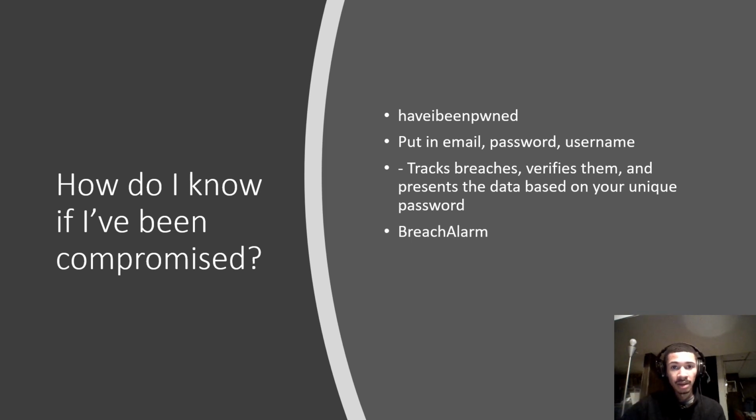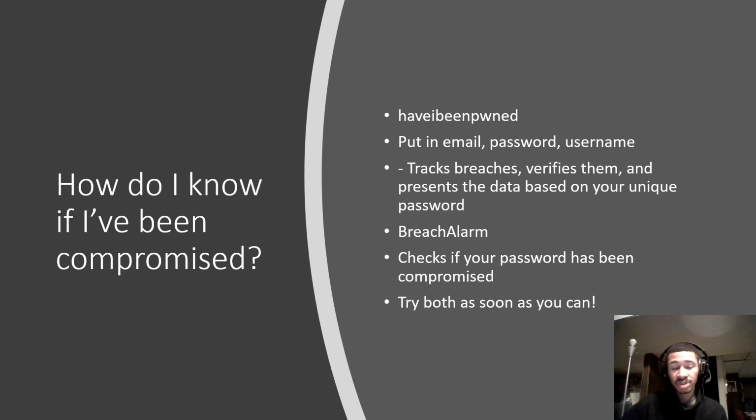So it's a very, very simple site. I highly recommend. And I also recommend Breach Alarm. Now, it basically does the same thing, but it checks if your password has been compromised. So try both as soon as you can because these are essential to making sure that your account is safe.